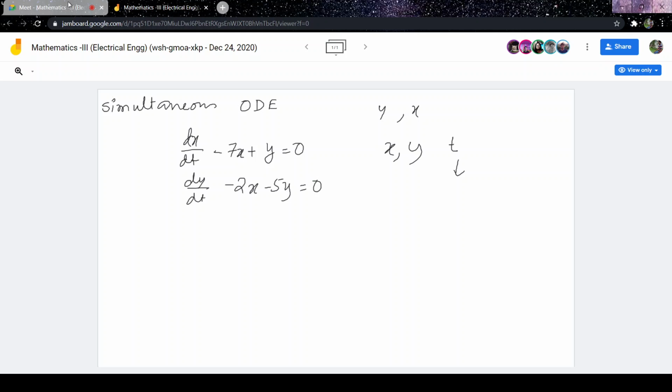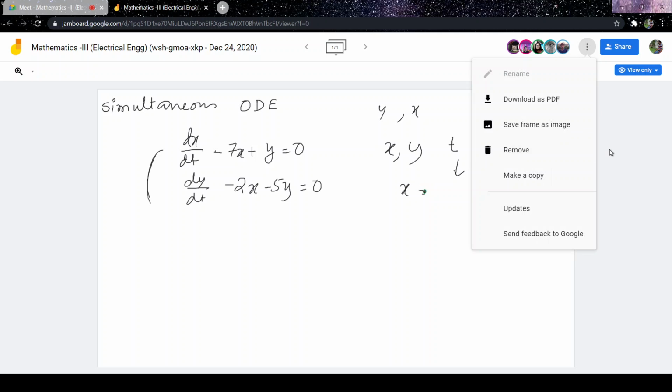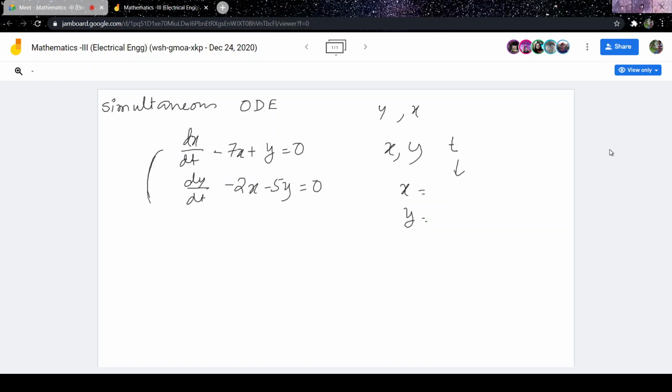Here both x and y are dependent on t. So we will solve these two equations simultaneously and get a solution x in terms of t and y in terms of t, satisfying these two conditions. And it is pretty easy. You probably already know this type.